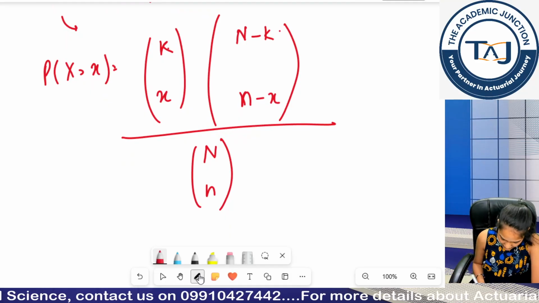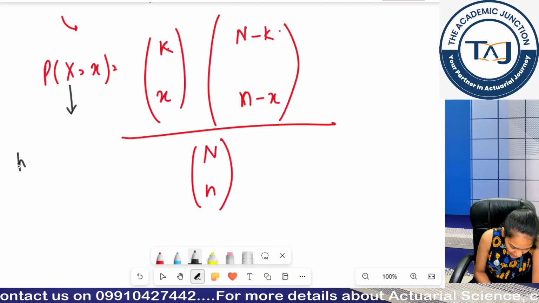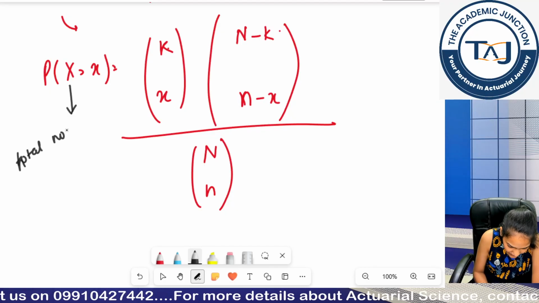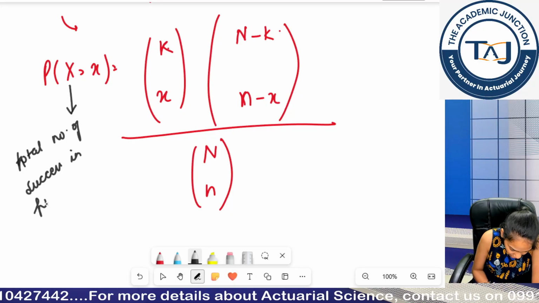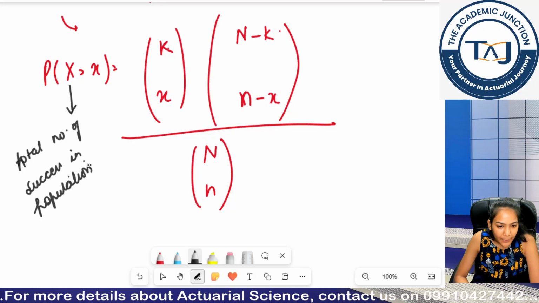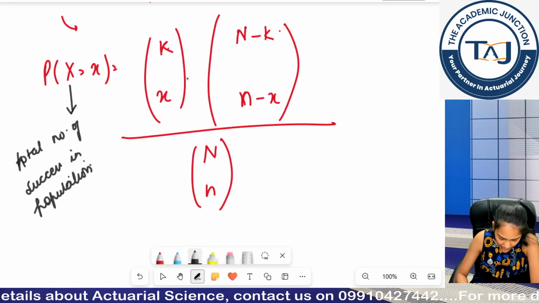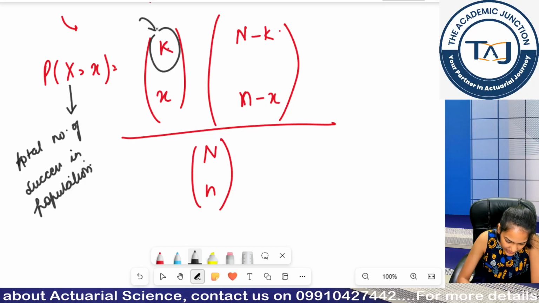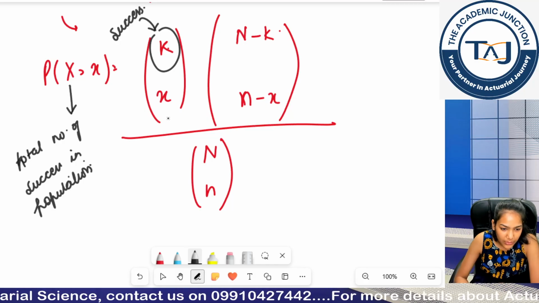So my x is basically the total number of successes in the sample, the successes I am concerned about.